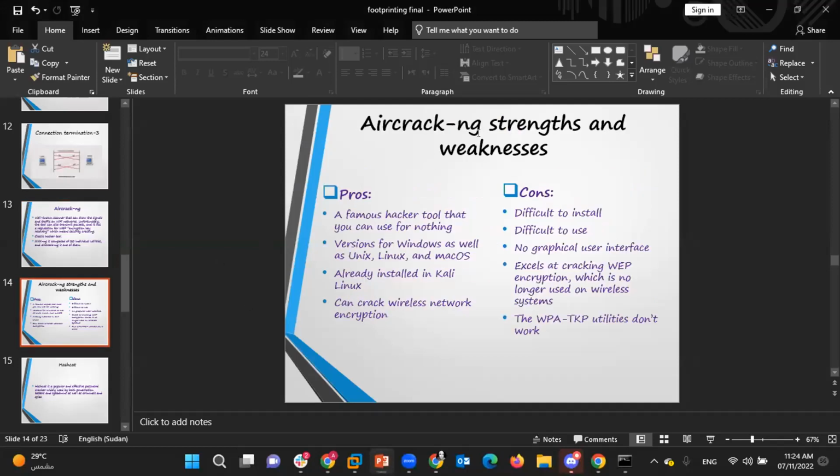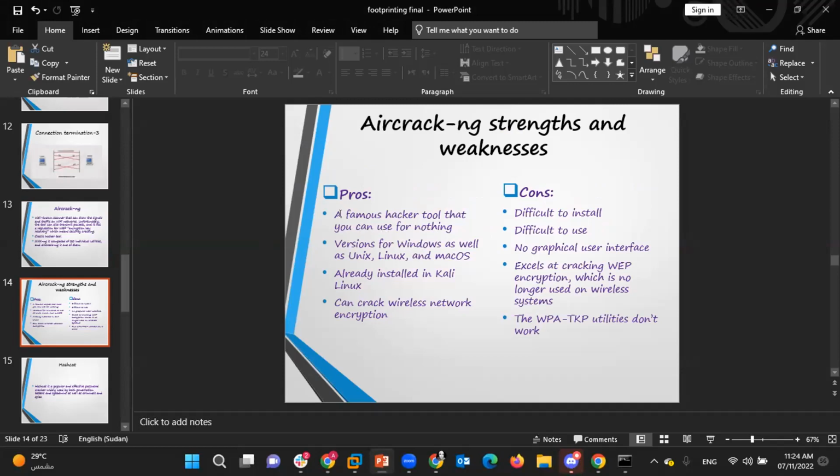Okay, Aircrack strengths and weaknesses. It's a classic, as we know at this time. The pros of Aircrack: it's a famous hacker tool that you can use for nothing.